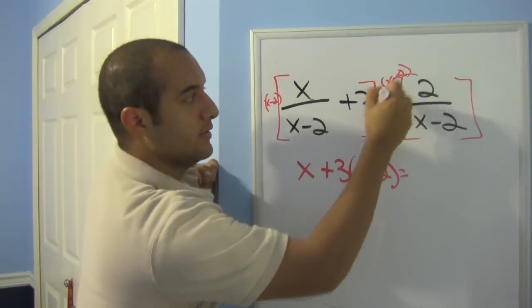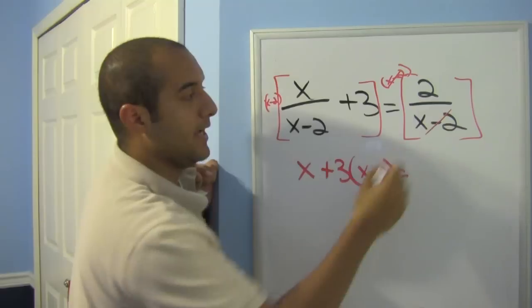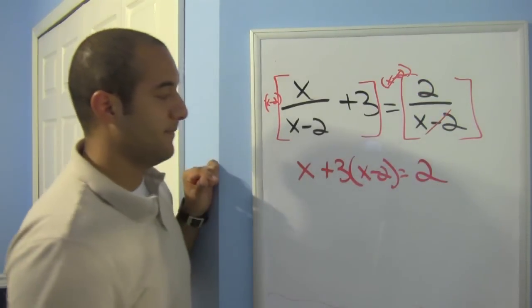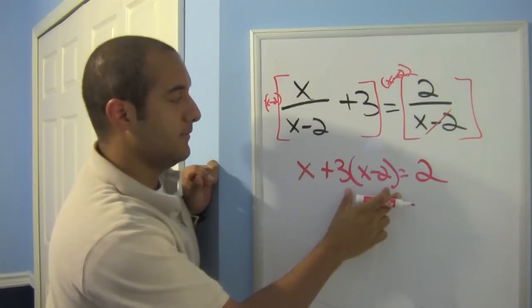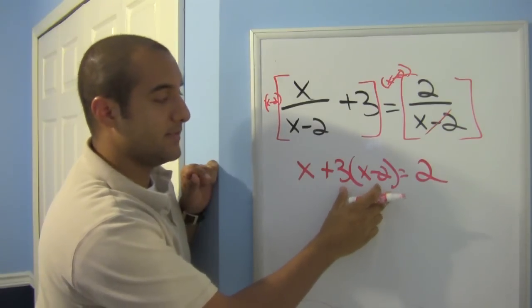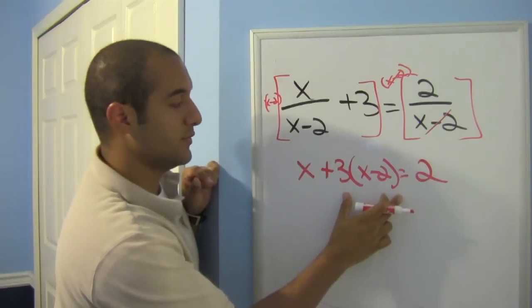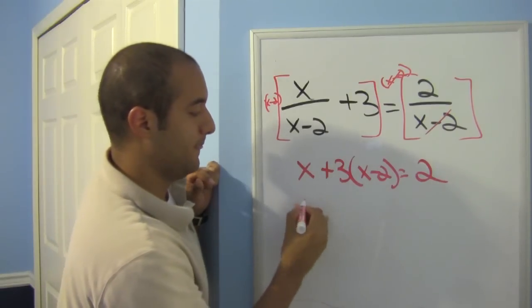And same thing here, had in the numerator and the denominator, so it goes away. So I just have a 2 left over. Alright, if you were comfortable, you could have skipped this step right into the next one, but it's up to you. This is what's actually happening here.